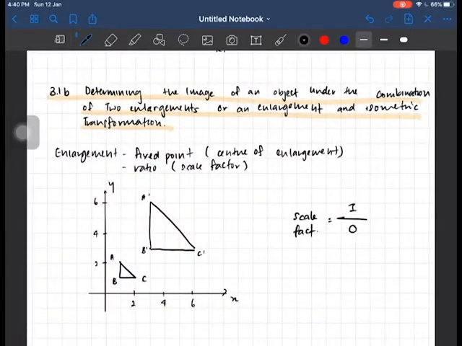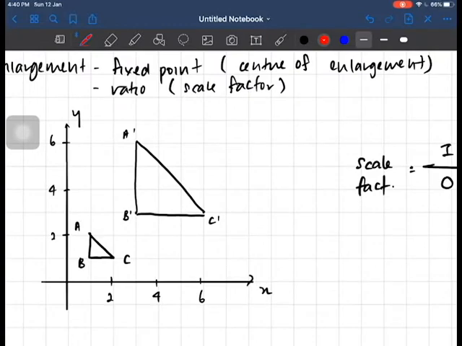So 3.1b subtopic. We talk about enlargement. So enlargement, what's important is there is a fixed point called the center of enlargement, and there's a ratio. It's called the scale factor. One way to determine scale factor is by measuring this.